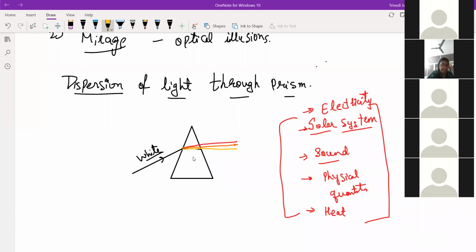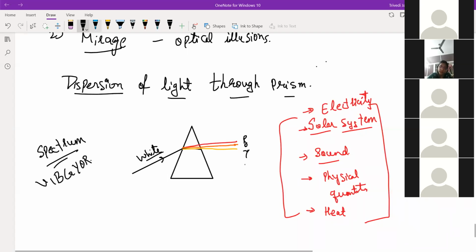I'm busy drawing. So what are these things? The colors, sir. Yes, call it a spectrum. VIBGYOR, which is nothing but these rainbow colors.